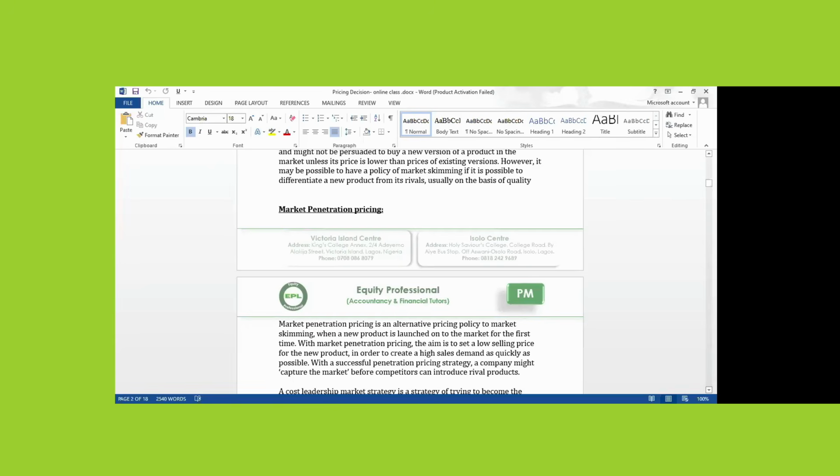It involves charging a low price when a new product is launched onto the market for the first time.